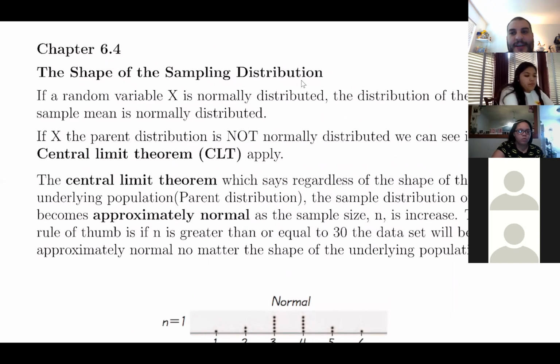For the central limit theorem, we only want to use it when we don't know our data set is normally distributed. On tests or quizzes, I'll usually ask you, can we apply the central limit theorem? You have to tell me either yes or no, and why.